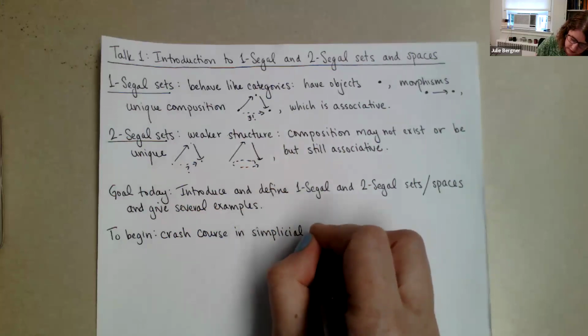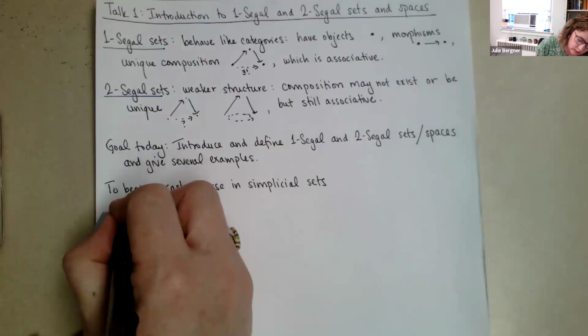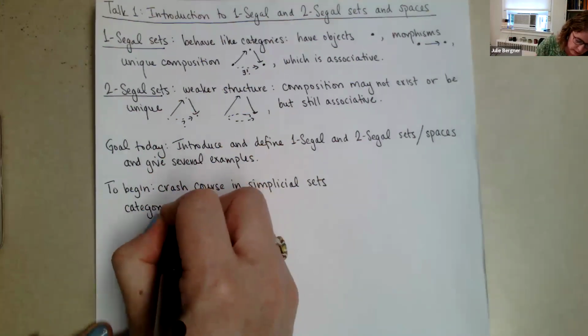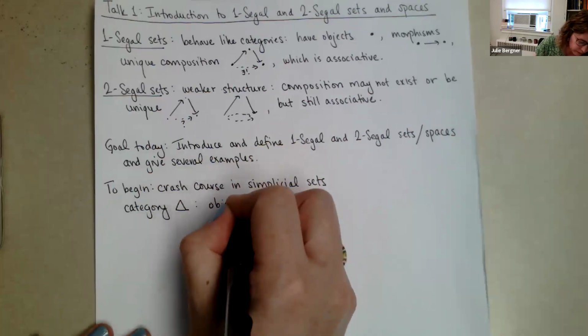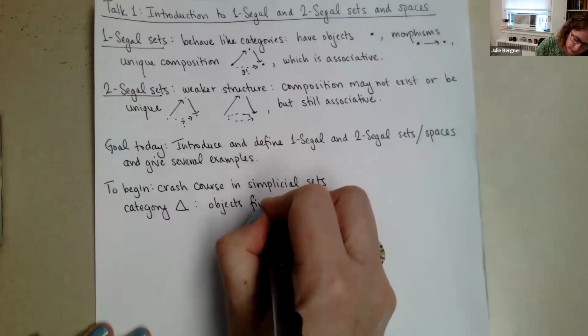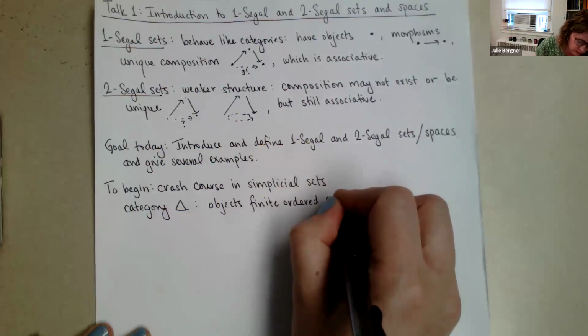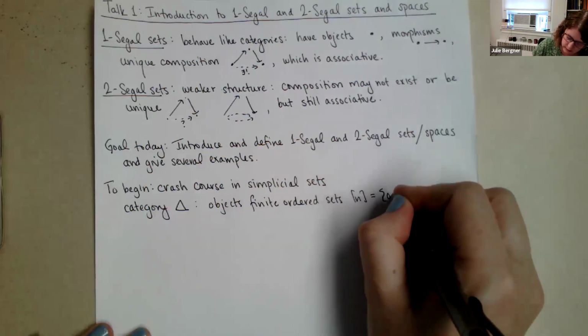Okay, so to begin, again, we're just going to have a really quick crash course in simplicial sets. If you don't know what these are, then you're going to have a hard time with the rest of the topic. So we first have the category delta. So this has objects, finite ordered sets. So we'll write these as bracket n.